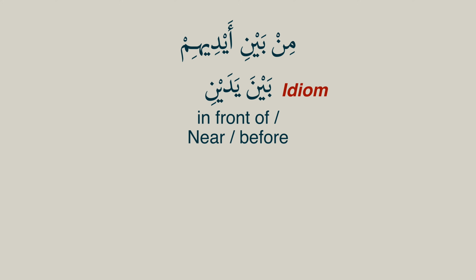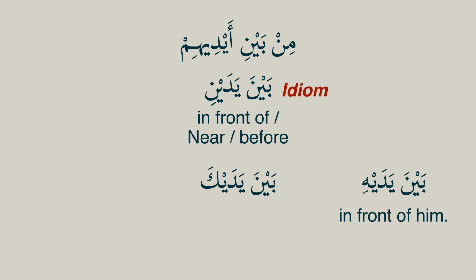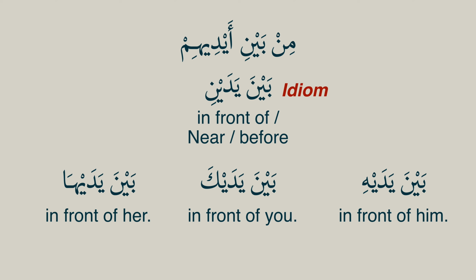For example, بين يديه means before him or in front of him. بين يديك means before you or in front of you. And بين يديها means in front of her. So بين أيديهم means in front of them or before them.